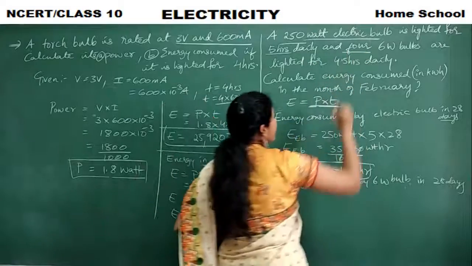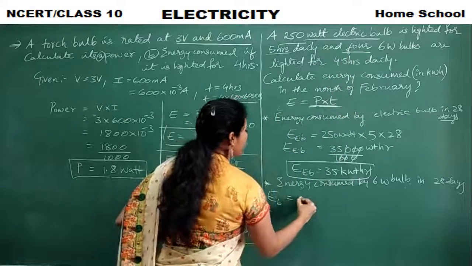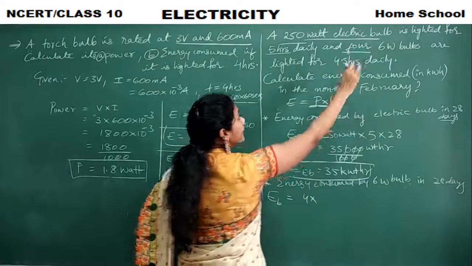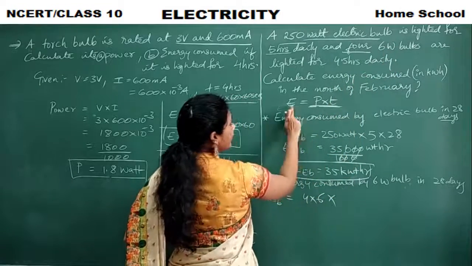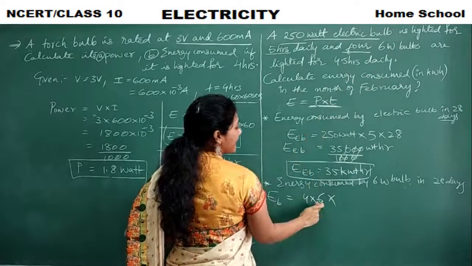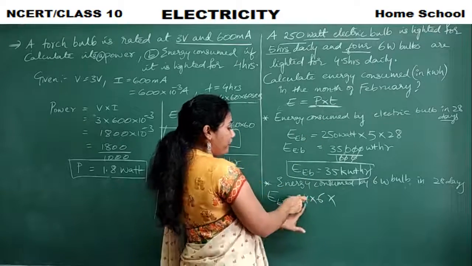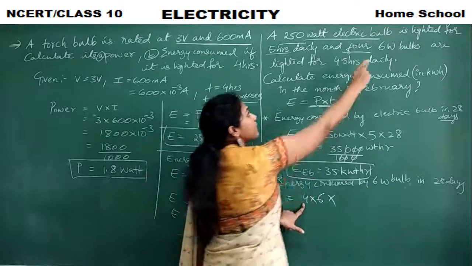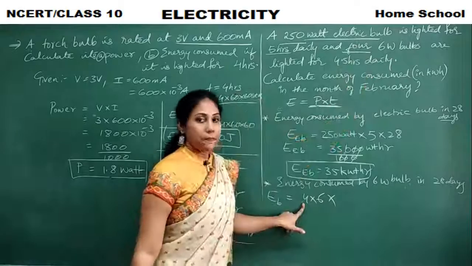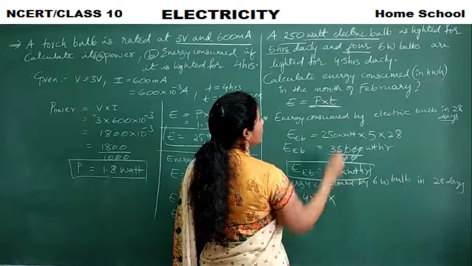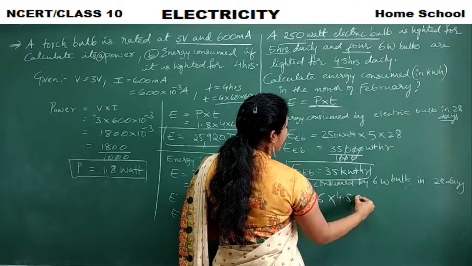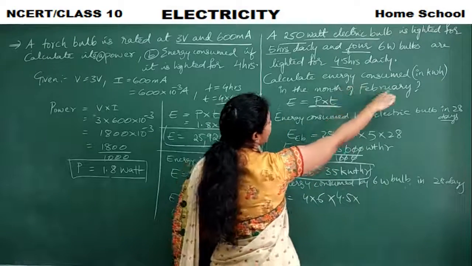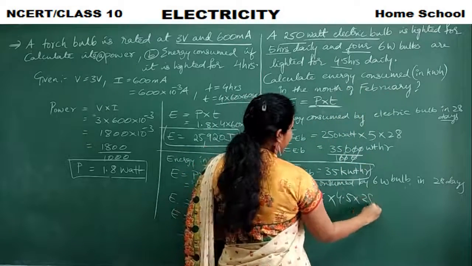You see here 4 6 watt bulbs are there. Yes or no? So 4 into each bulb's power is 6. Energy is power into time, no? So power is 6. Why we have multiplied with 4 here? Because we have 4 6 watt bulbs. Got it? 6 into time is how much? How long it is burning? 4.5. For how many days it is burning? February month. That means 28 days.